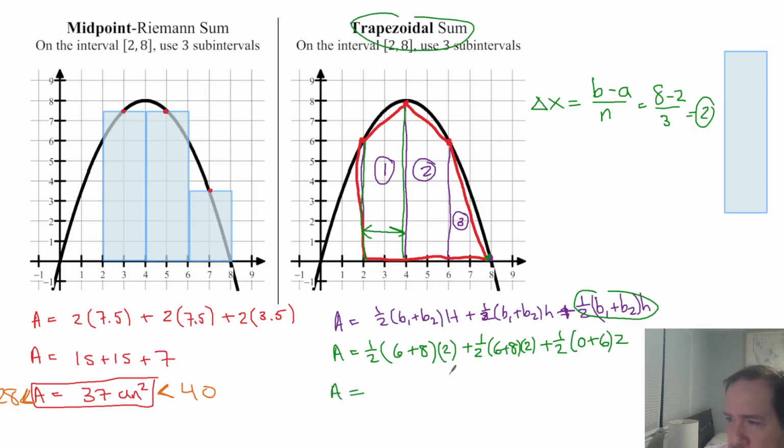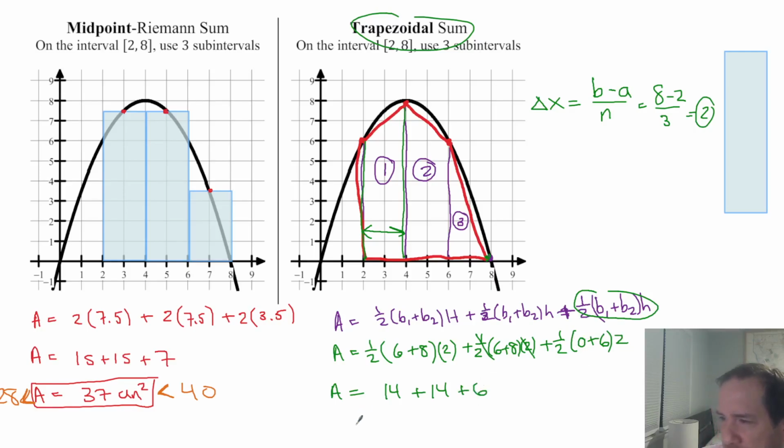Okay, so what's this coming out to? 6 and 8 makes 14, half of 2 is 1, so that just is literally 14. And the next one should be 14 too, because again, the half and the 2 cancel, and 6 plus 8 is in fact 14. And then this last little guy, half of 6 is 3, and 3 doubled is 6.